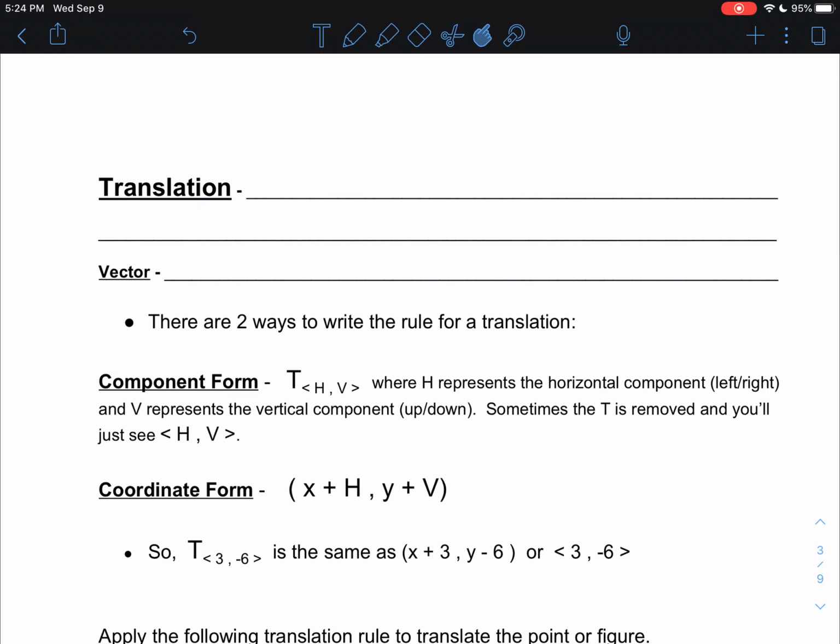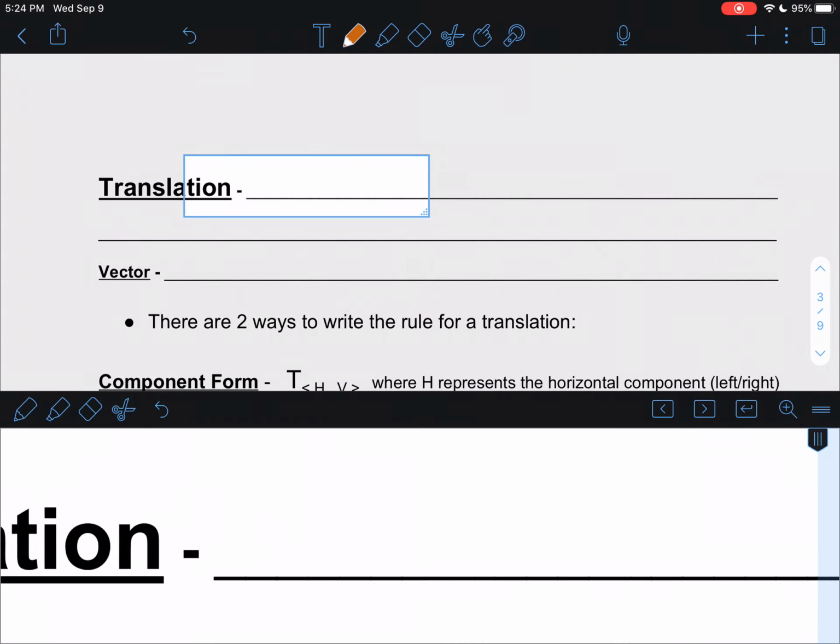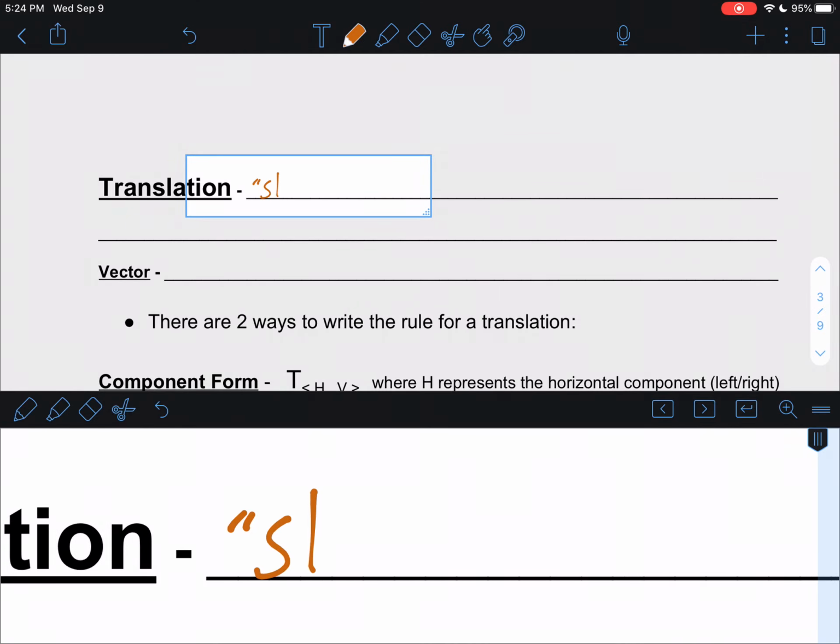Okay, so a translation, we can basically think of it as sliding. Take a shape and you basically just slide it.